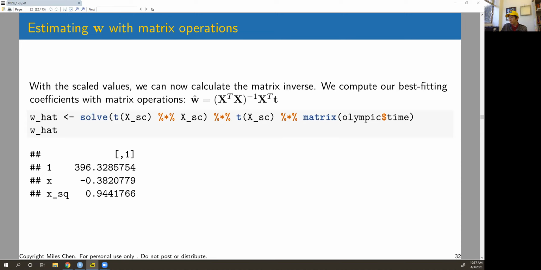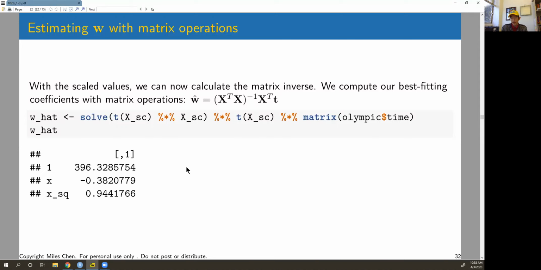So the W hat values would be different if you didn't use scaled values. However, the prediction remains the same, okay? You've learned this in 101A, that correlation and your ability to make predictions doesn't depend on the unit being used. However, when you change units, of course, the slope is going to change because the size of the units has changed.